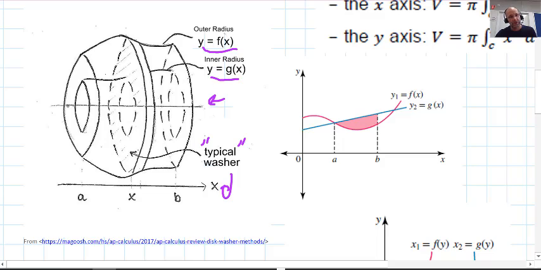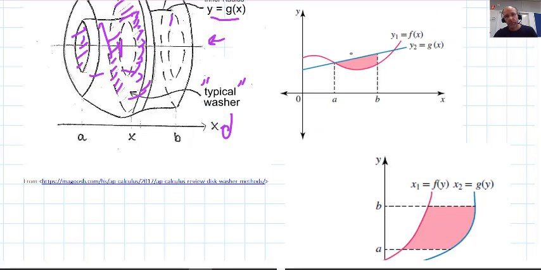But you can see there's a void in the middle, which varies according to the difference between the two. A typical washer would have a cross-section like that, but with a void in the middle, and it would have a thickness. The idea is to get infinitely many washers, infinitely thin, to get the exact volume of revolution. So that's where the idea of a washer comes in.